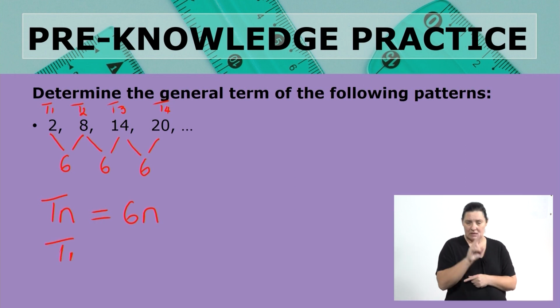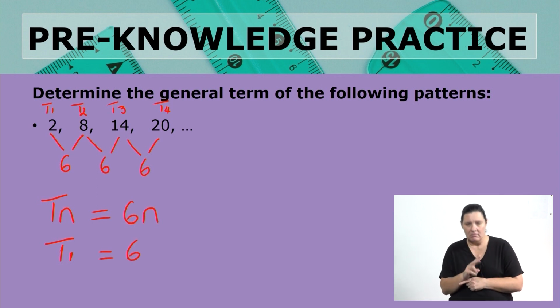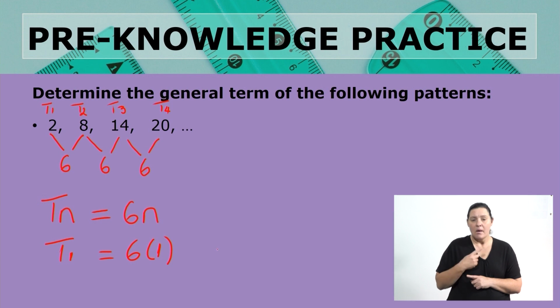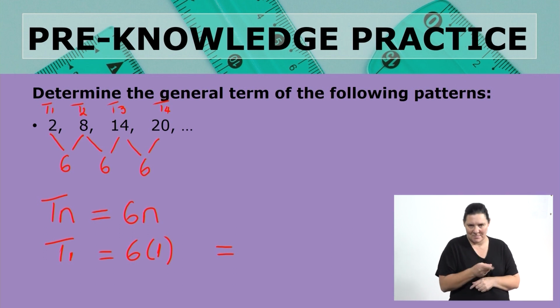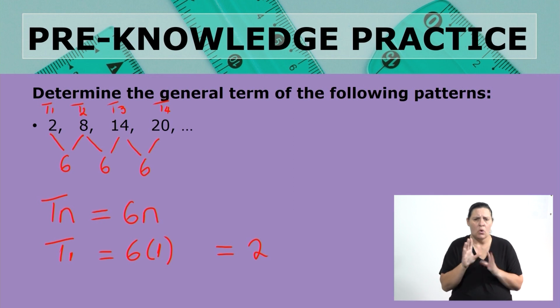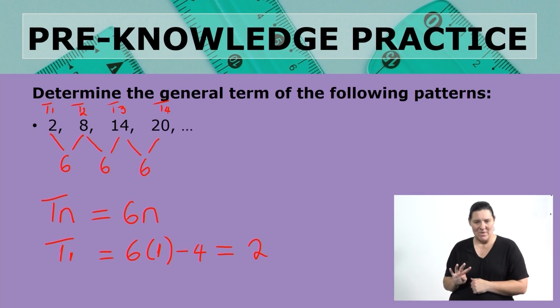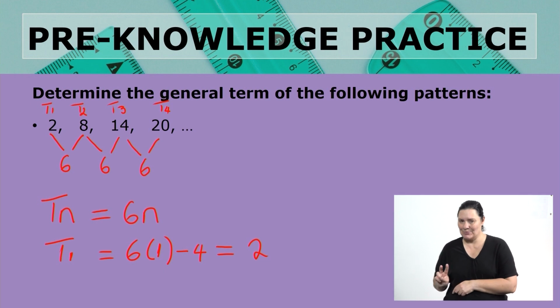And when I look at my first term, then I am going to say that is 6 multiplied by 1. And remember, we must find the number that we are going to add or subtract to that product so that we can get the first term, which is our 2. So what are we going to add or subtract? Remember, 6 multiplied by 1 is 6. And then we are going to subtract 4 so that we can get to that first term of 2.